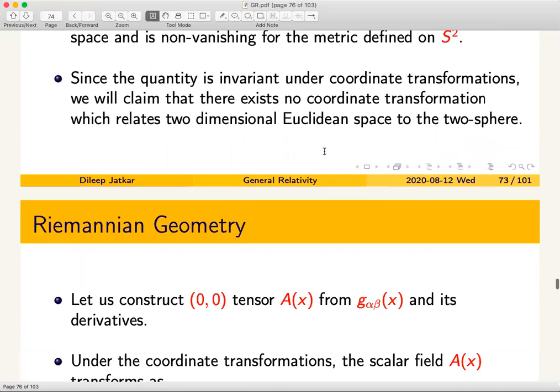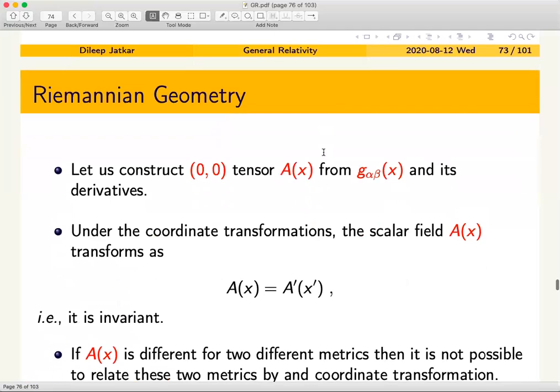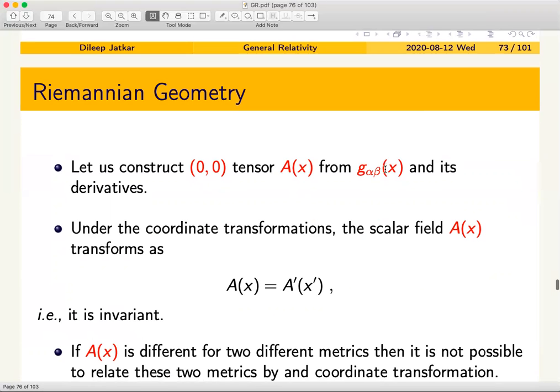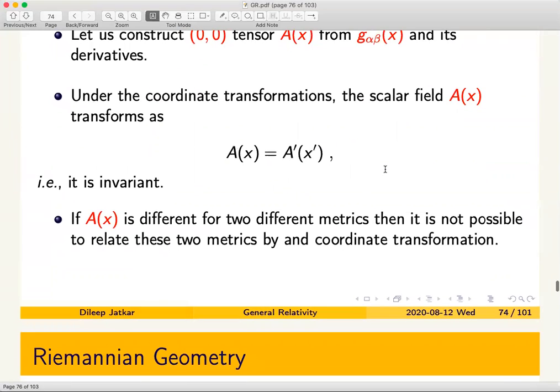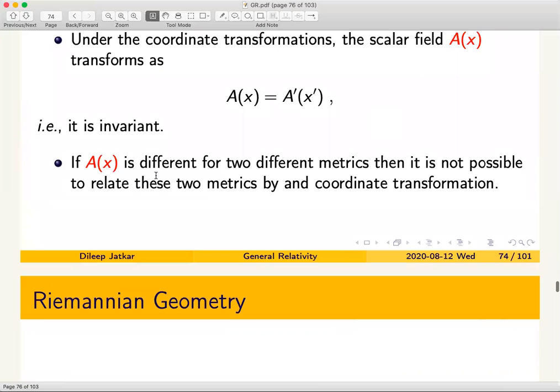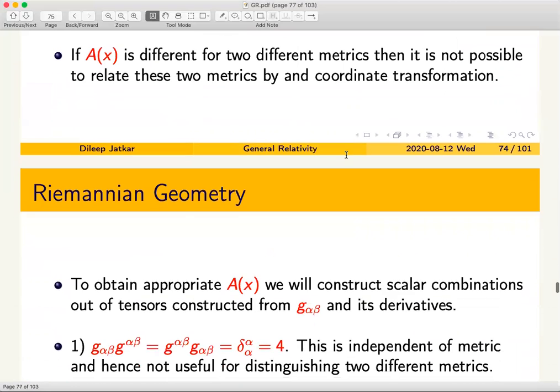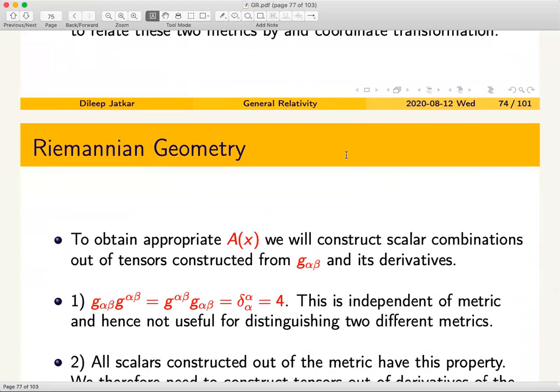So this was our conclusion, that we should have a (0,0) tensor which is a scalar, but it should be constructed out of the metric defined on the space. If it is different for different spaces, then we know that these geometries are different.